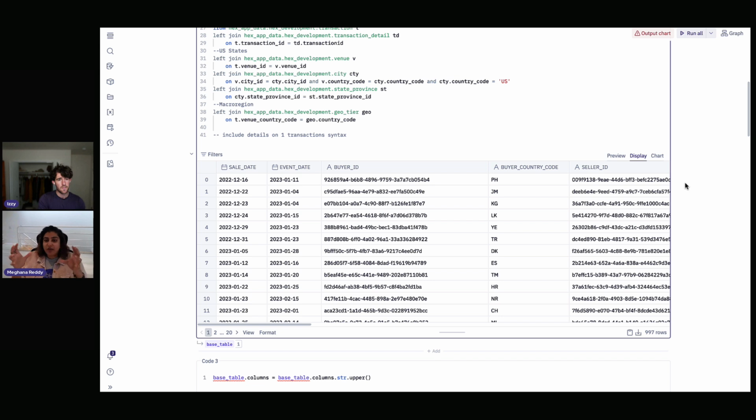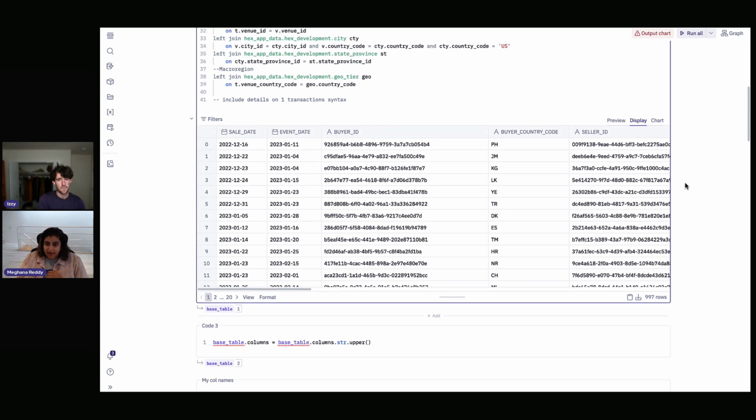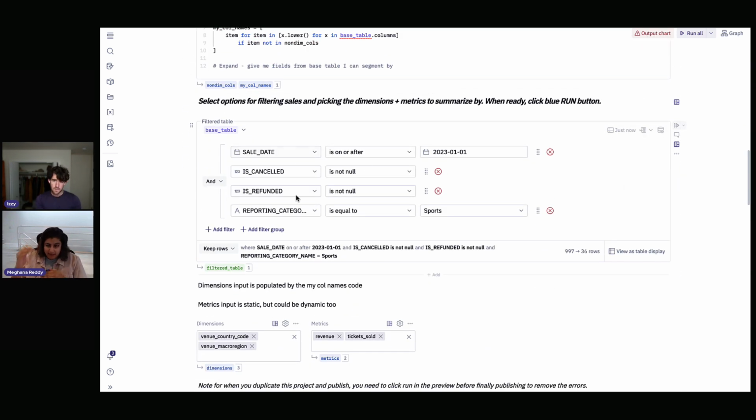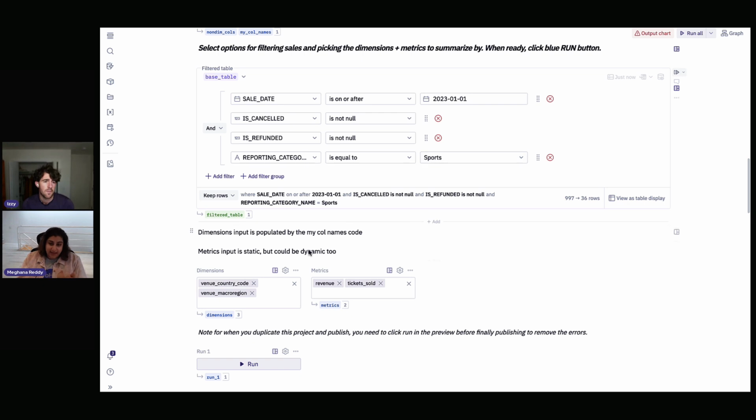Everything follows the same journey in these kind of self-serve explorer tools, where you have the entire universe of data that you could be interested in looking at. Then you have some ability to filter to the thing you actually care about. And then in this case, you say, okay, how do I actually want to aggregate and display the data?